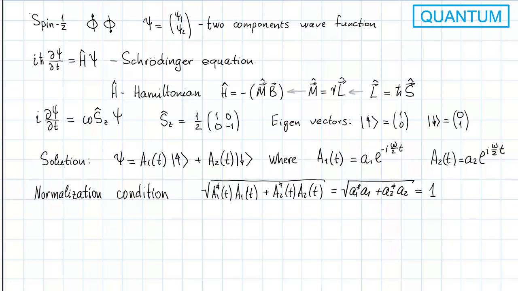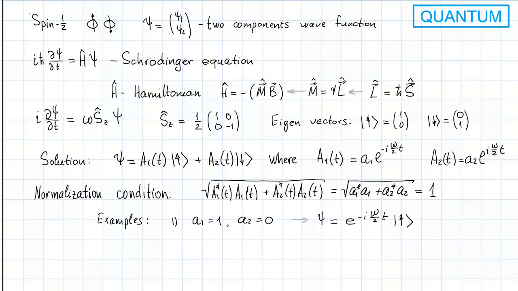Now we can give a few examples of the coefficients a1 and a2 which satisfy the last conditions, and the wave function which is obtained for such coefficients. The first example is a1 equal to 1 and a2 equal to 0, which yields the wave function psi equal to e to the power of minus i omega divided by 2 multiplied by t, multiplied by the spin up vector.